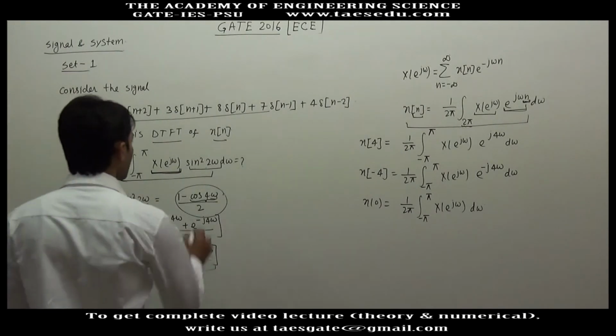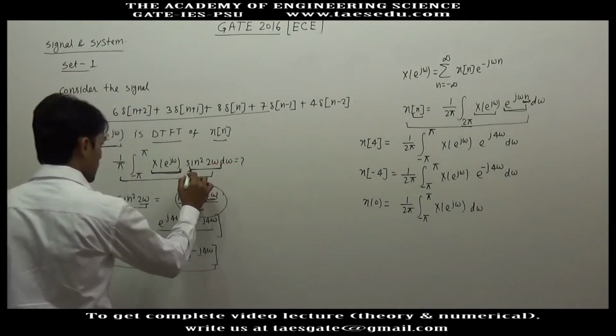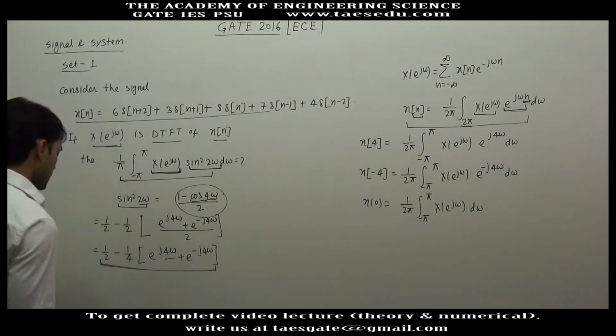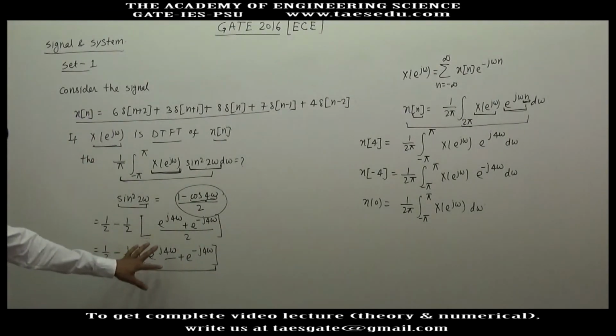Okay, we have to get sin square 2 omega. So sin square 2 omega is nothing but 1 by 2 minus this.